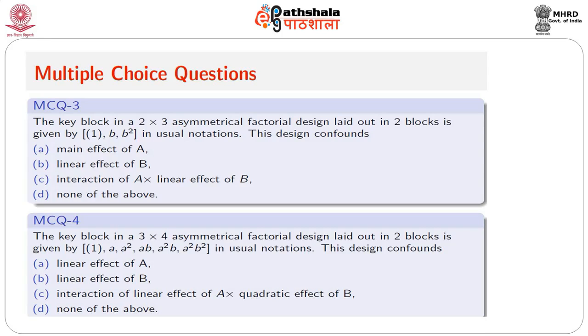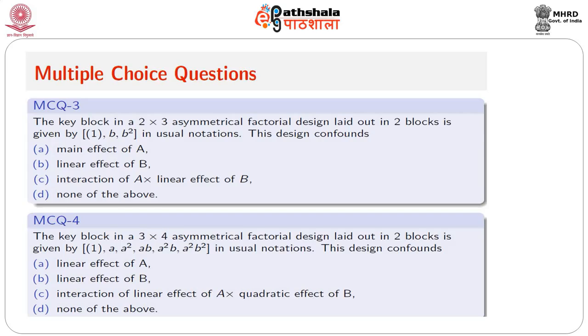So you can see 1 B square and the rest is with A B square. That is the composition. So the moment you see this thing, this one has got level 0 of A and the other one has got level 1 of A. Therefore block 2 minus block 1 straight away is talking about the main effect of A. Therefore the main effect of A has been confounded. Next one.